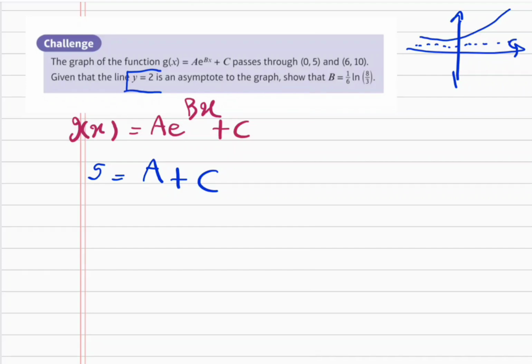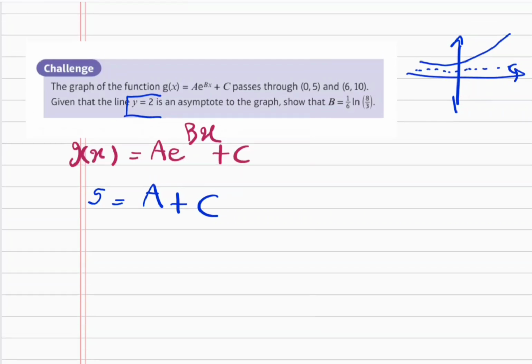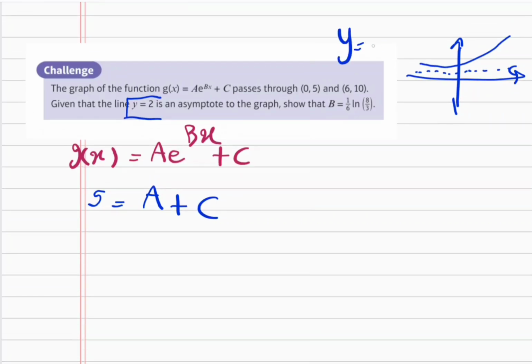Because when we have an exponential in this form, let's say y is equal to e to the x plus 2, then this 2 here is your asymptote, because the graph is not going to be lower than that. It's not even going to reach 2, because the minimum value of e to the x is 0, and then that gives you 1, 1 plus 2 is 3. So it never really reaches that.